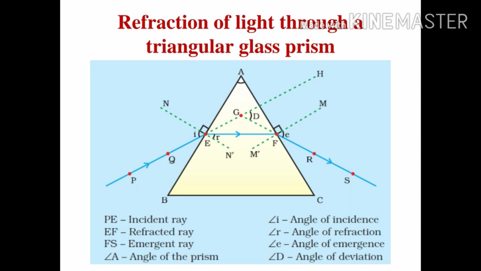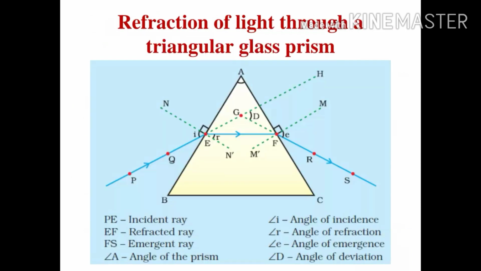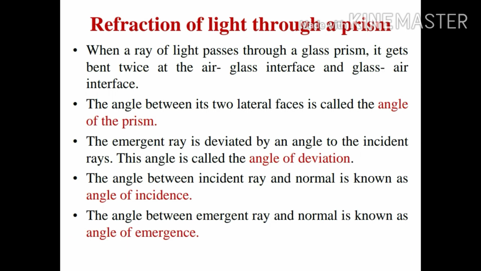So this was about the refraction of light through a prism: when a ray of light passes through a glass prism, it gets bent twice, at the air-glass interface and the glass-air interface. Twice means first here and another here, two times. The angle between two lateral faces is called the angle of prism.